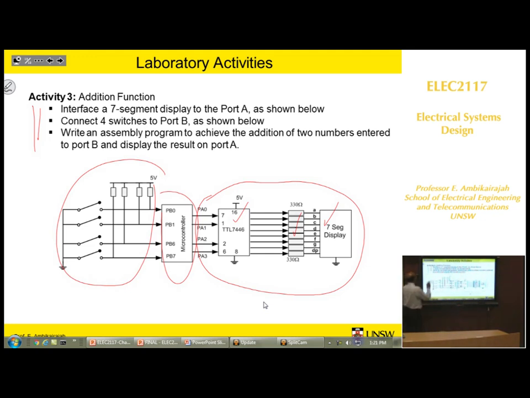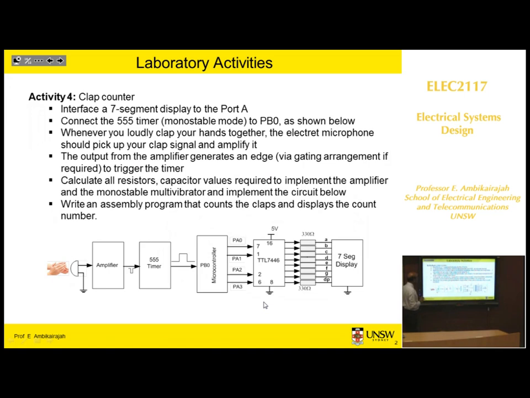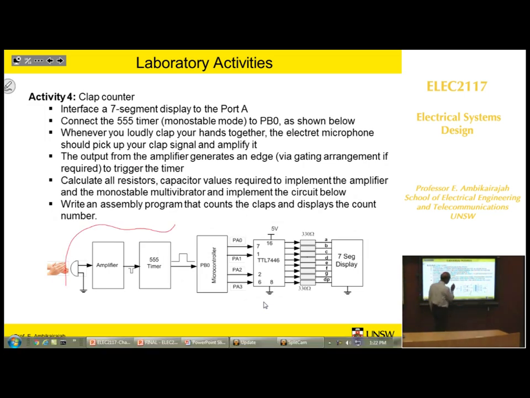Once you have done activity 3, you go to activity 4, the clap counter. All of you have implemented this one. Now connect it to the PP node of a microcontroller and make it an input. And every time you detect this pulse, you increment a counter inside and send it to the port, and it will display there.